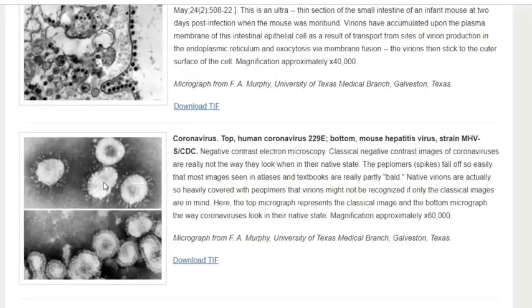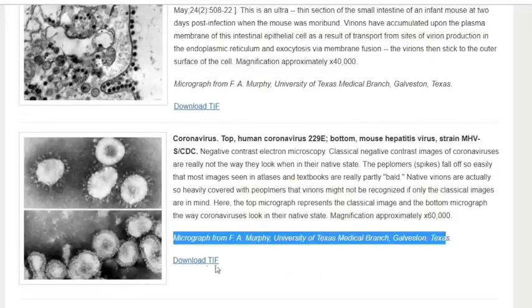Here they use again this image from 1975. So both pictures are taken by the same guy. Why do they use pictures from 1975 to show us something? That's idiotic.